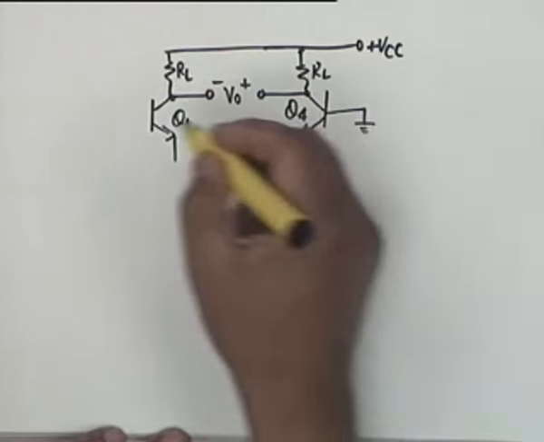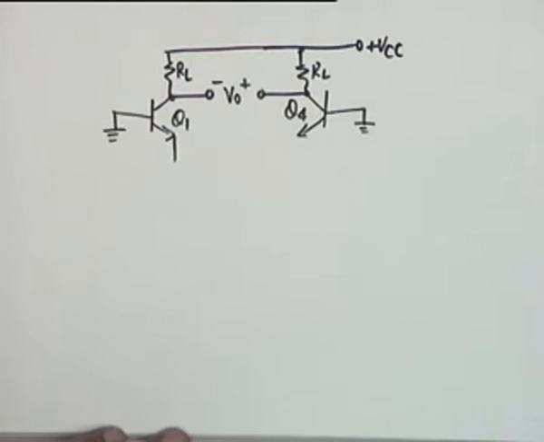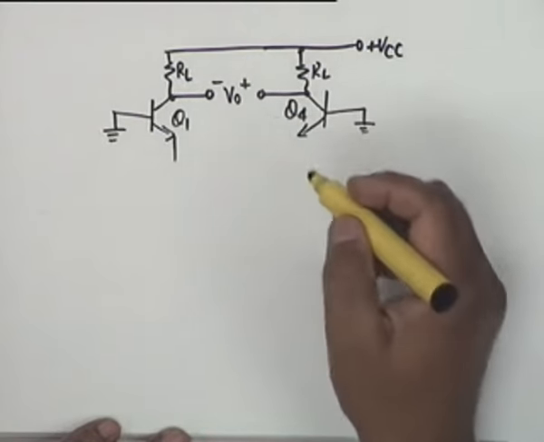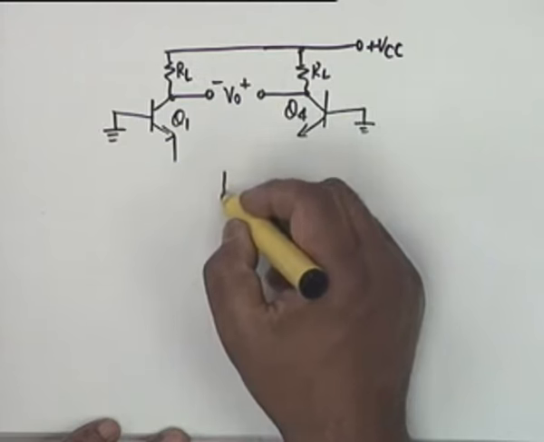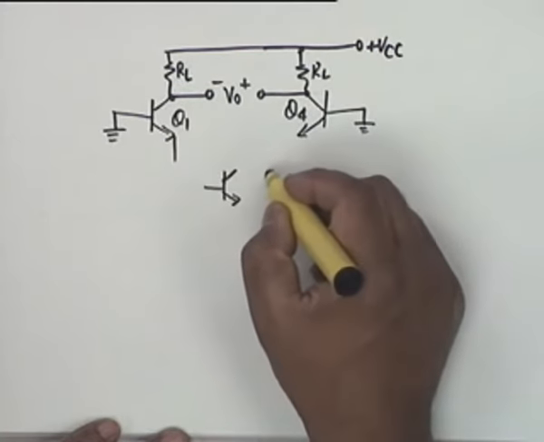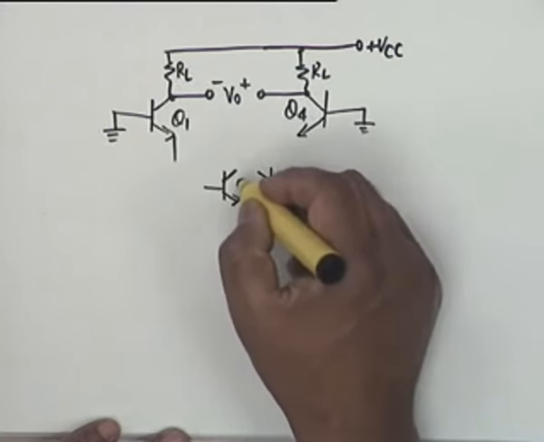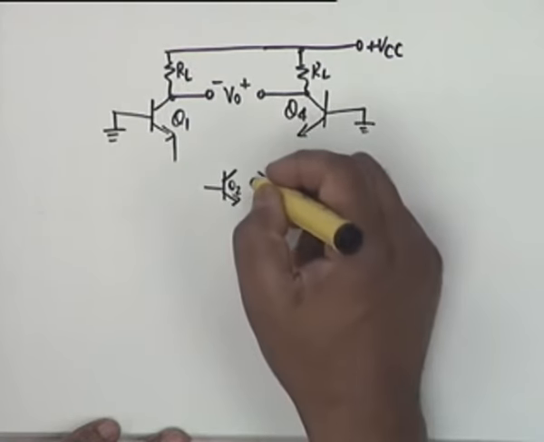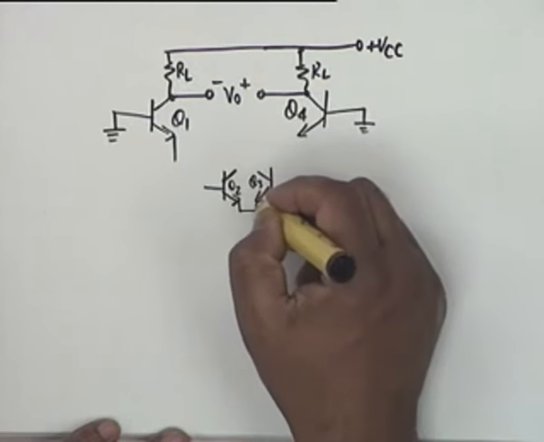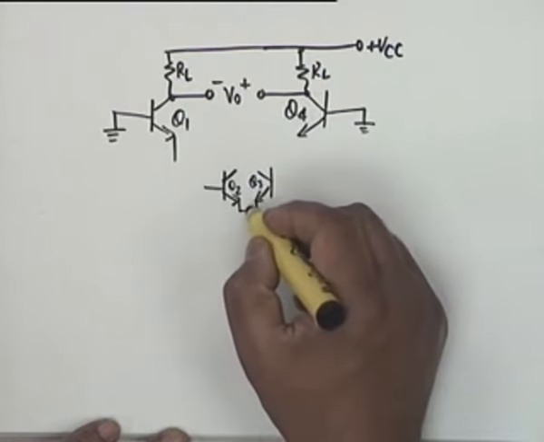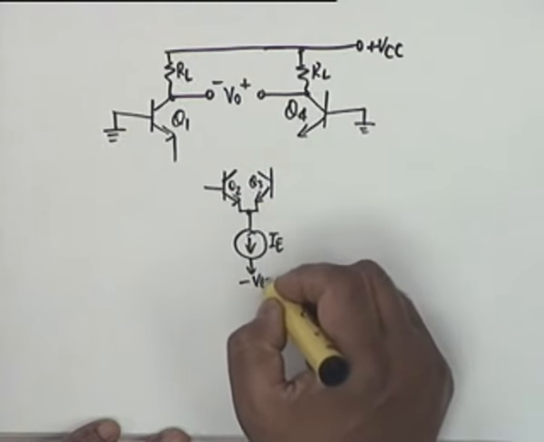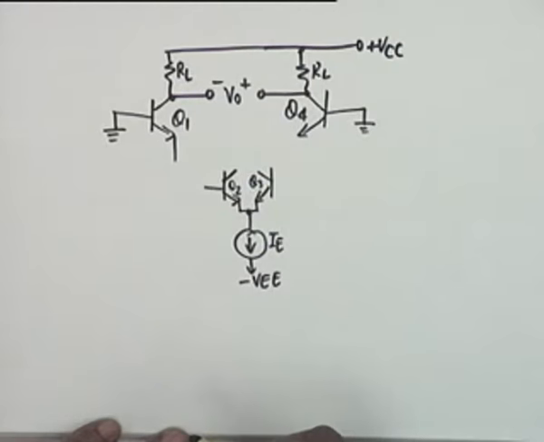Q1 and Q4 both have their bases connected to ground, and in addition you have the internal differential amplifier Q2 and Q3, the emitters of which are connected, and this is connected to IE to minus VEE, and they are connected in a criss-cross fashion.